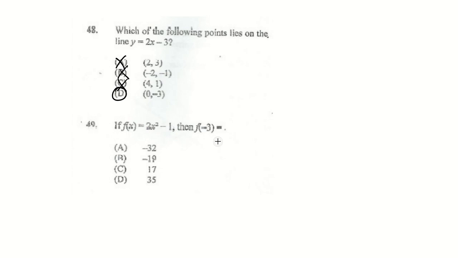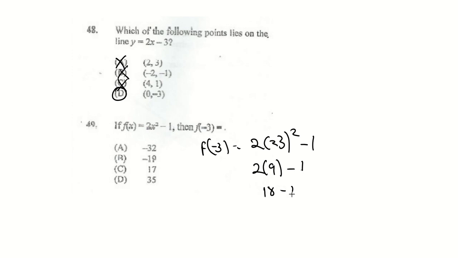So f of minus 3 is equal to 2 by minus 3 squared minus 1. So that would be 2 by 3 3s are 9, so 18 minus 1 is 17. The answer is C.